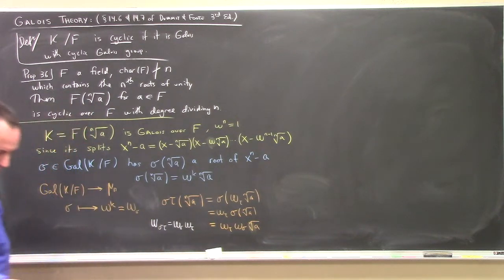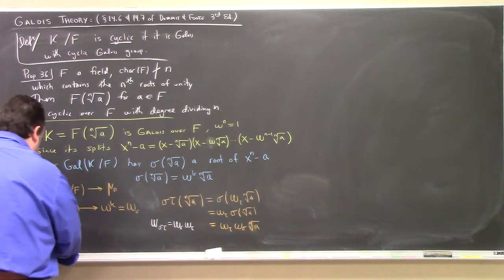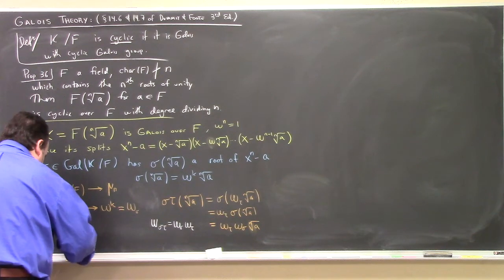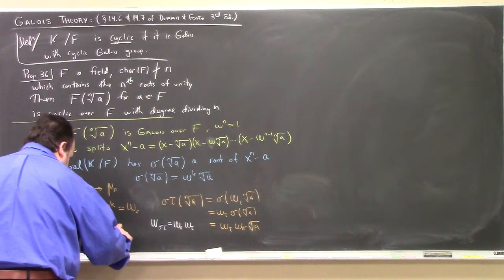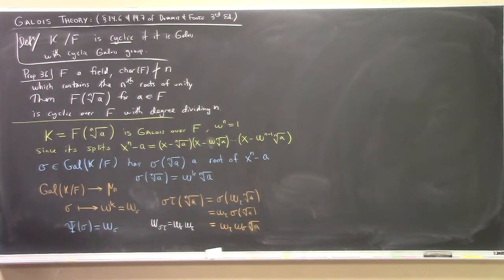And what's the kernel? He says the kernel consists of omega to the n. Let's say this is psi, with psi of sigma equal to omega sub sigma. What maps to 1 would be all the omega powers that are equal to 1; they get you back to 1.